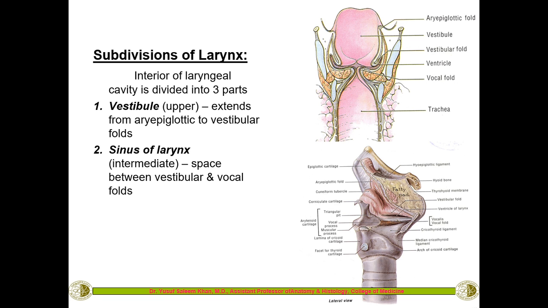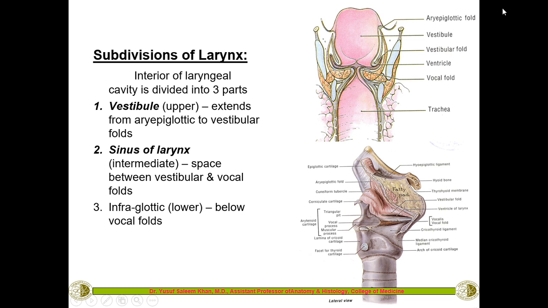The space between the vestibular folds and the vocal folds is called the ventricle, or the sinus of the larynx. This is an important space where a foreign body might adhere, or sometimes even a fistula can form. This is also a site for infections.